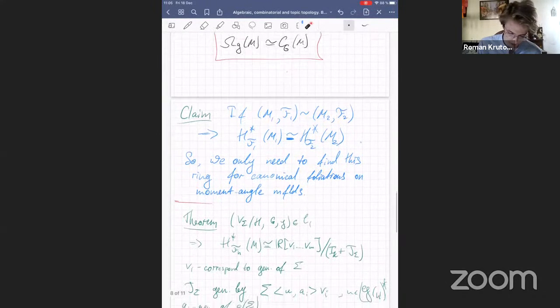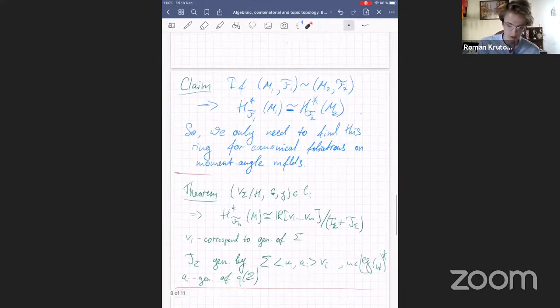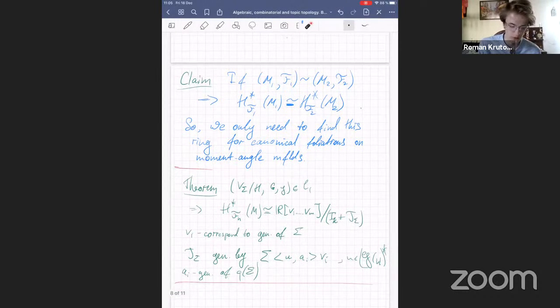And so here's a theorem which is proved in our joint paper with Hiraki, Sida, and Taraspanov, which gives the full description of this ring in the sense of Davis-Januszkiewicz formula for cohomology of toric varieties.